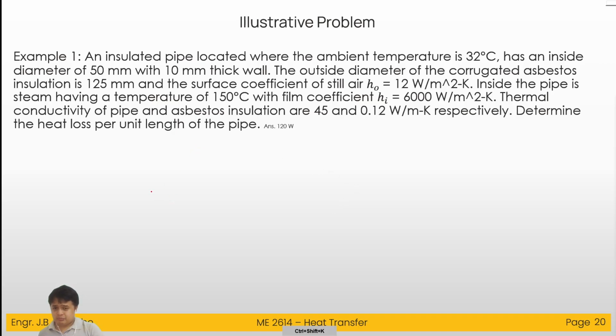So we have multiple layers, no? We can imagine this first. You have a pipe, that pipe first. The pipe has a diameter of 50 millimeters, so the radius is 25 millimeters, and then it has a 10 millimeter wall.